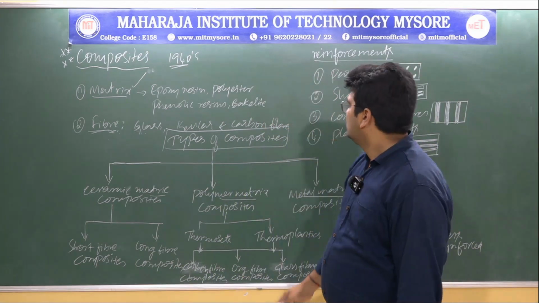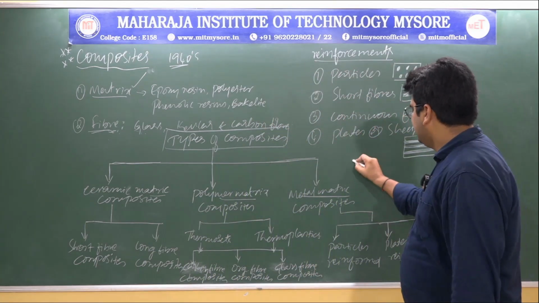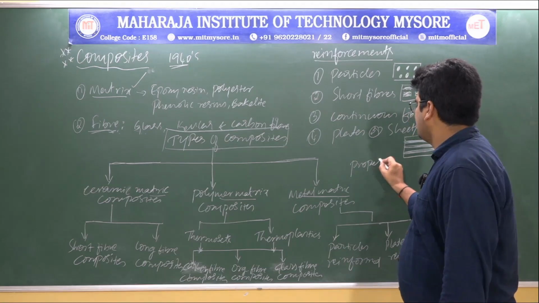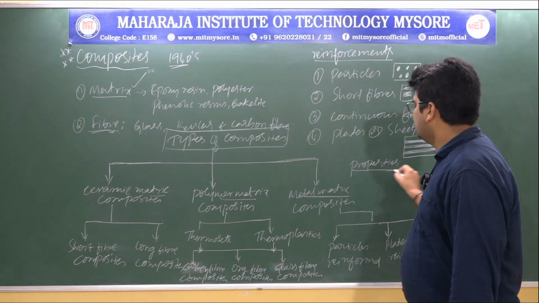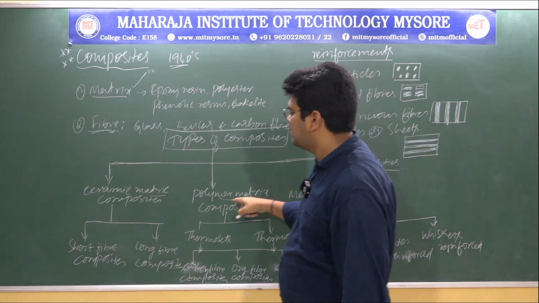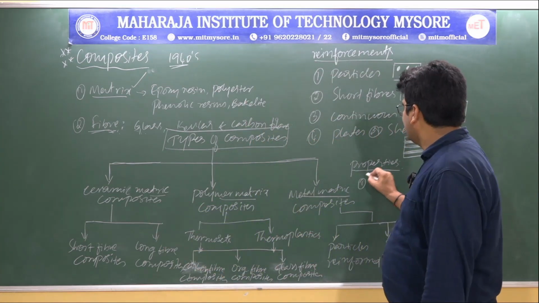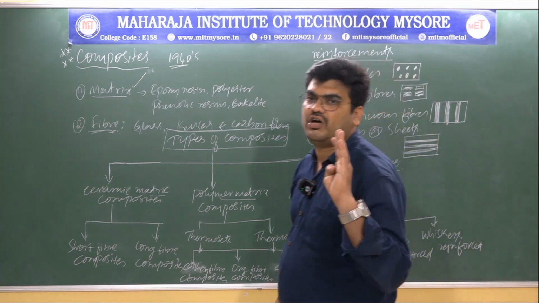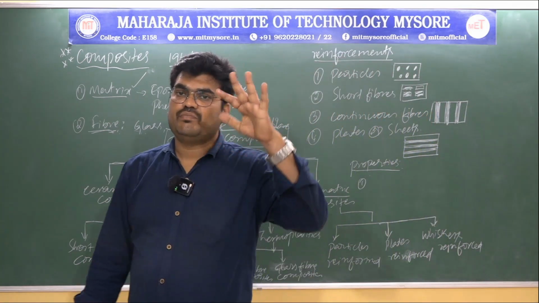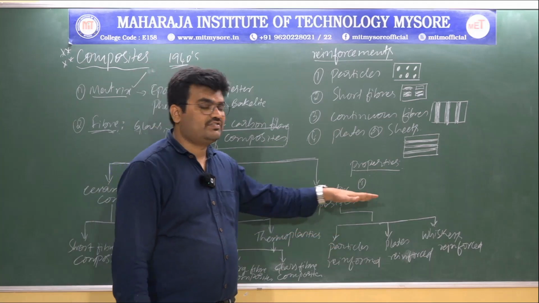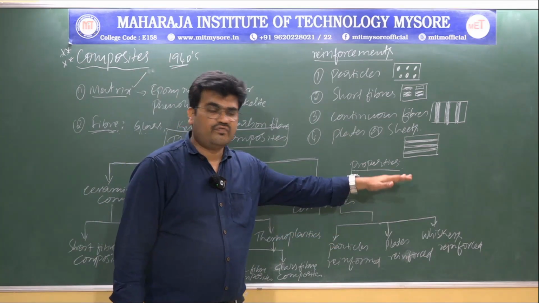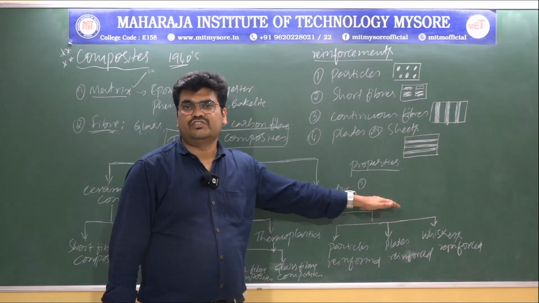Remember, if you see the general properties, I am not restricting this to only polymer matrix, ceramic matrix or metal matrix composites. In general, they are very strong, but weight is very much less. They exhibit high stiffness, very high impact strength, tensile strength, everything.